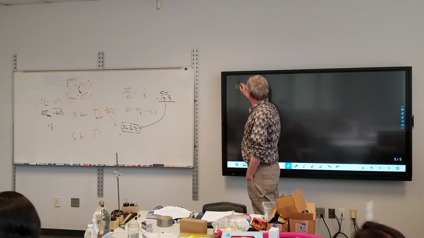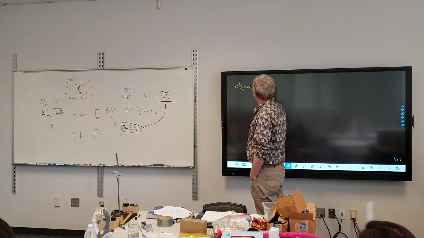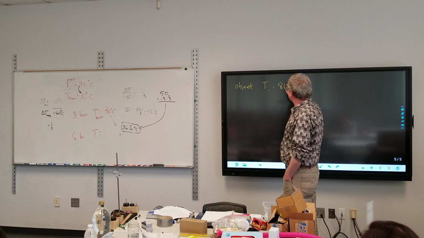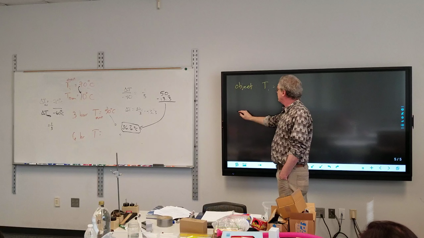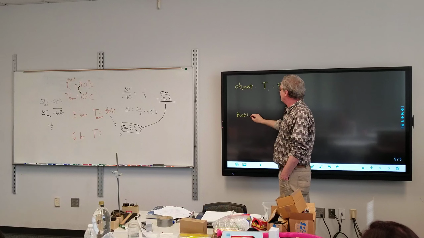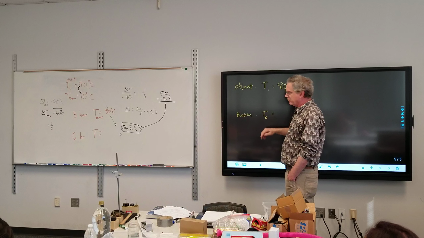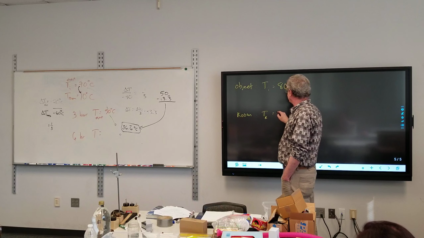So, object, initial temperature, 80 degrees Celsius. The room, the temperature of which we assume is constant, R for room, is 25 degrees Celsius.